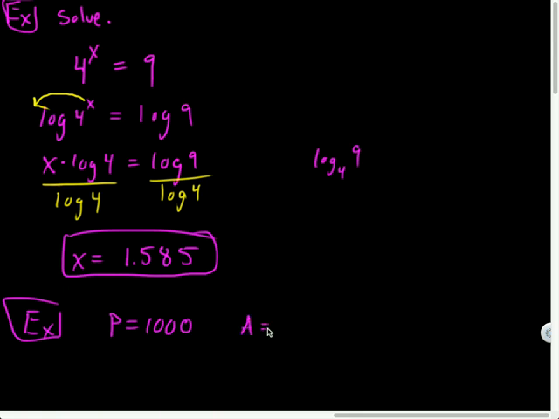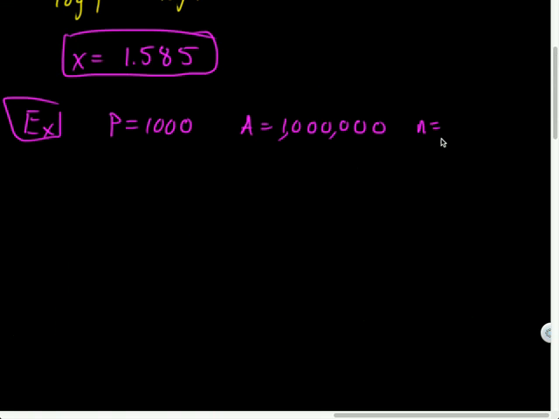I want to have $1 million, and let's say our interest rate, compounded annually, was 5%, which is 0.05. Now I'm asking, how many years will it take until I get $1 million? That's a valuable question that we wouldn't have been able to answer without this logarithmic power.